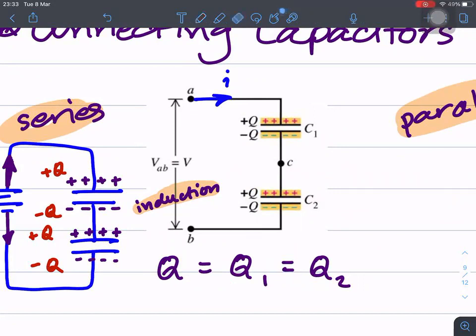So the reason just comes from the electric induction between them, and from the nature of the conductor, that electrons and holes can move almost freely there. Right? So we have that Q equals Q1 and equals Q2.